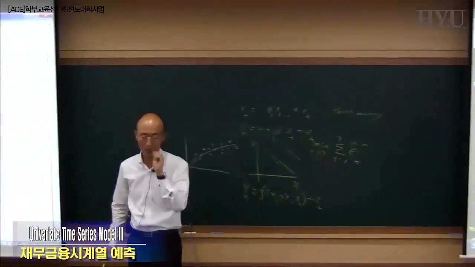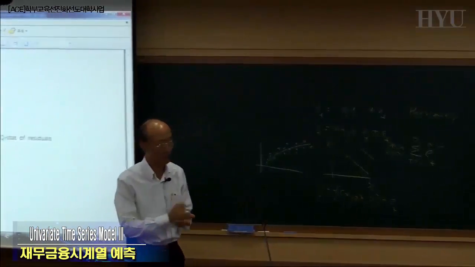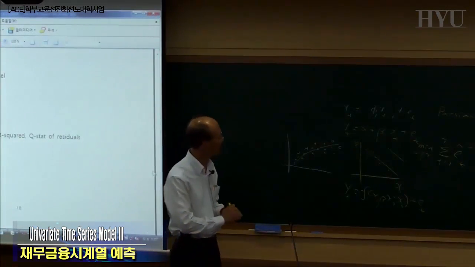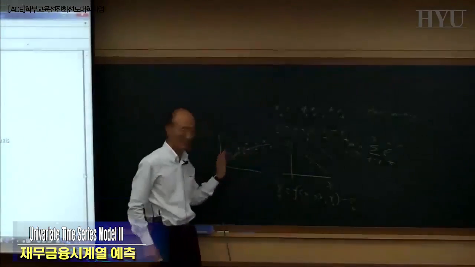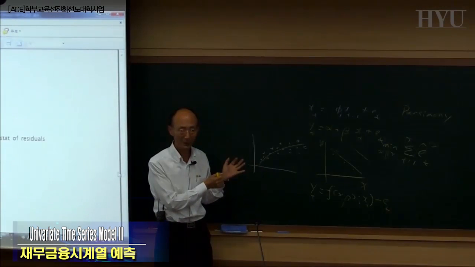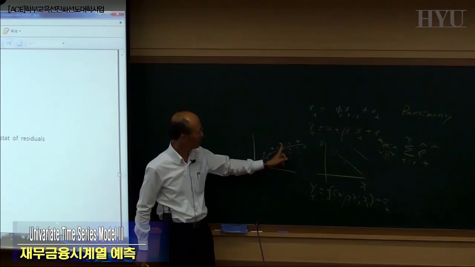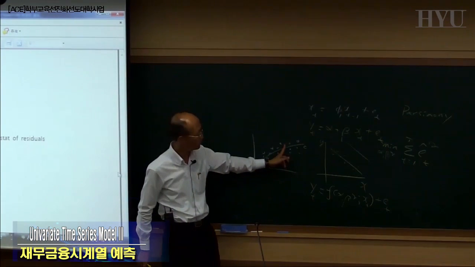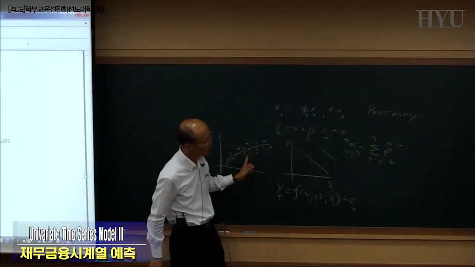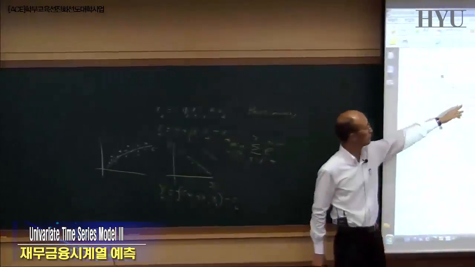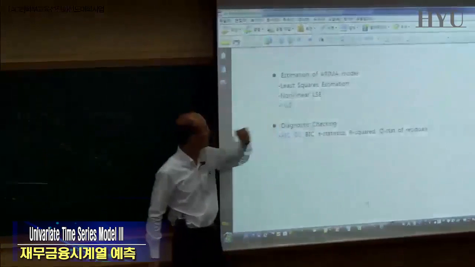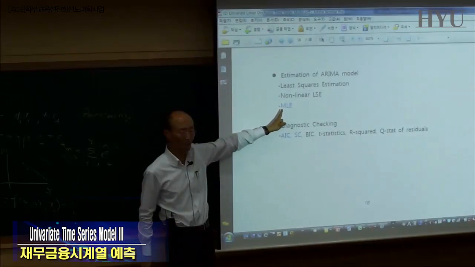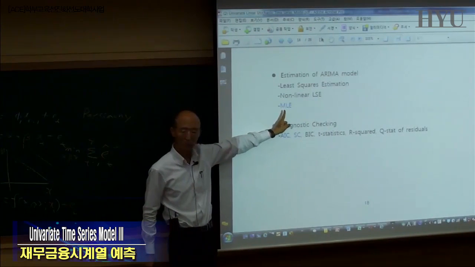And there is a well-known result in the literature saying that if your sample size is big enough, the estimated value from non-linear least squares is in fact the same as the one from what is known as maximum likelihood estimation.